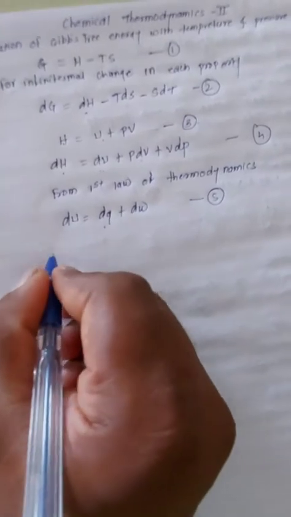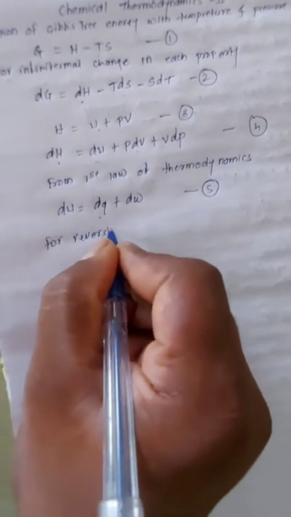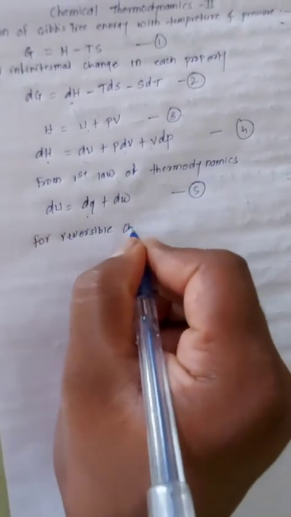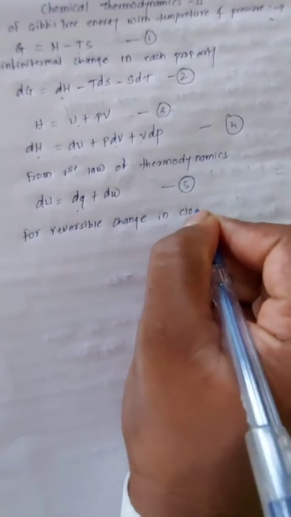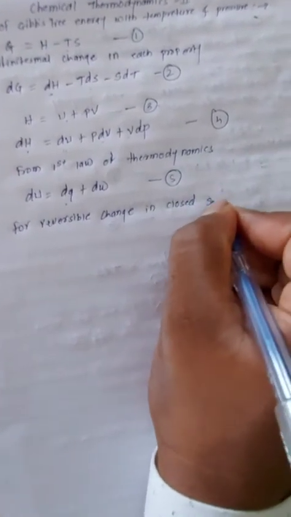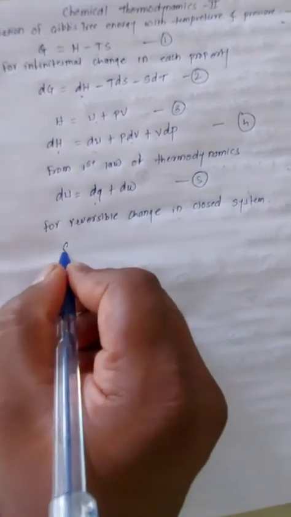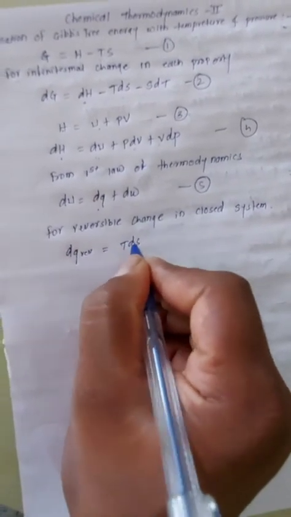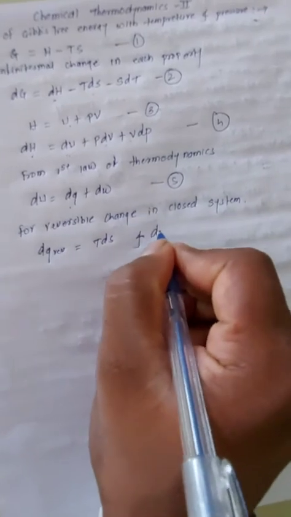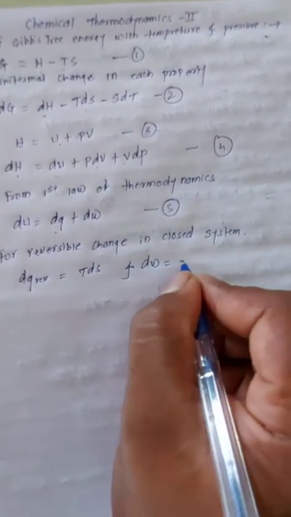Then for a reversible change in a closed system, dq reversible is equal to TdS and dw is equal to minus PdV.